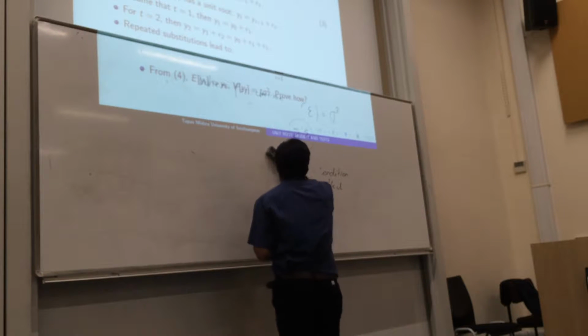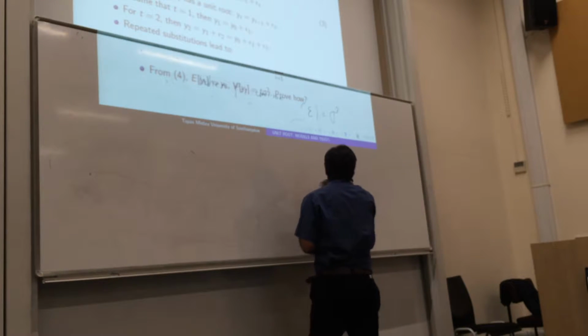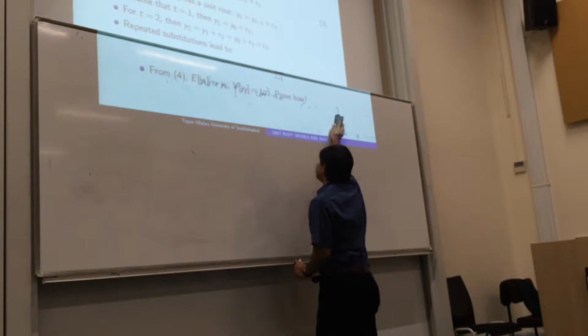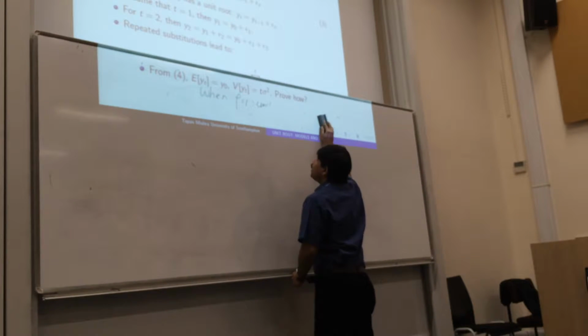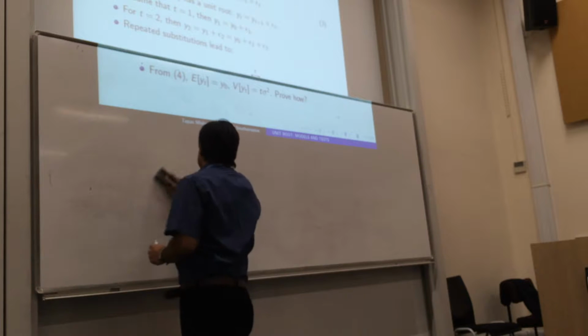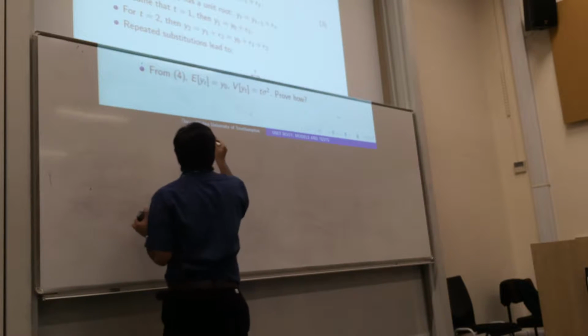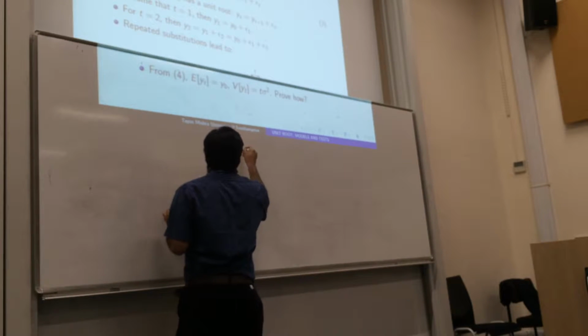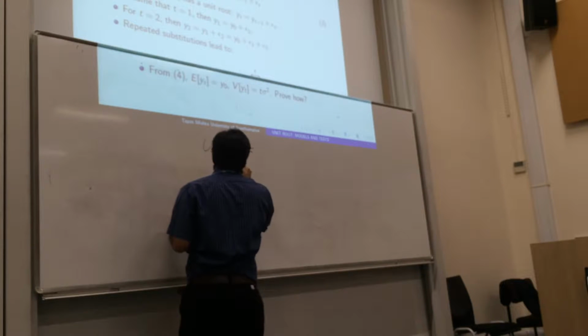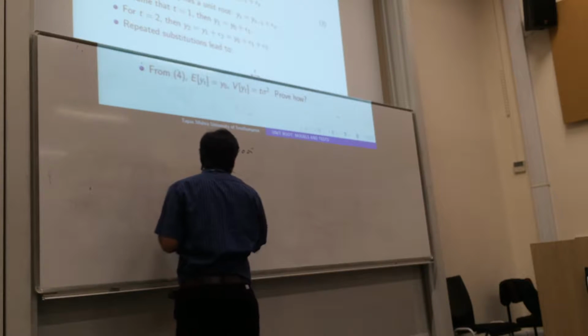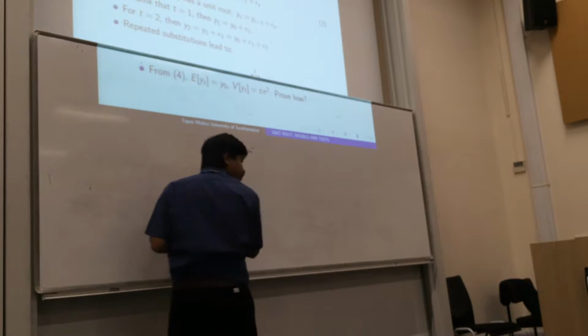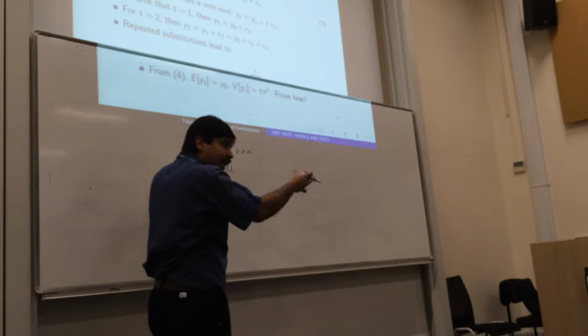Because I told you that a unit root can be detected by looking at the mean and variance: non-constant mean and non-constant variance. That's what I told you in the beginning.